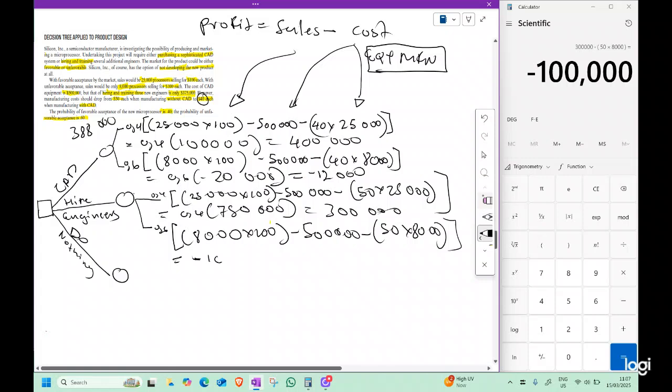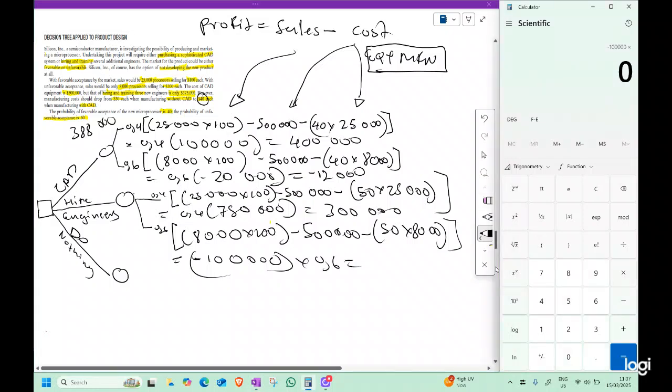There, negative 100,000 multiplied by 0.6 equals negative 60,000. Negative 60,000 minus 300,000. It says 240.